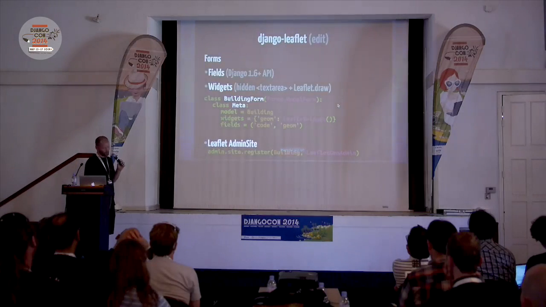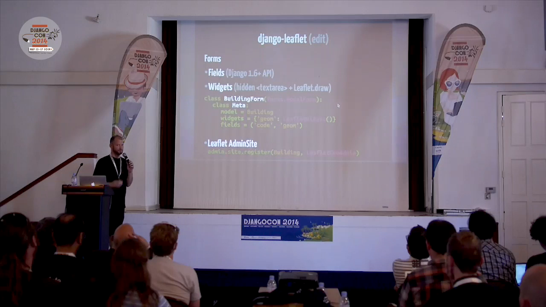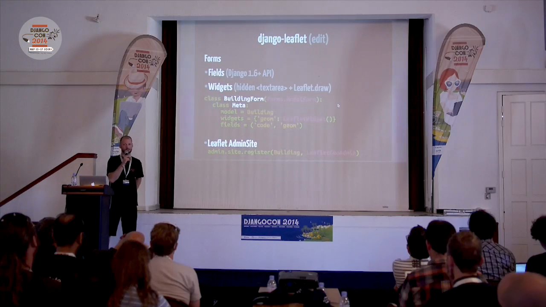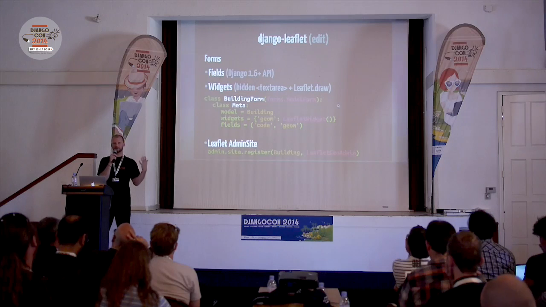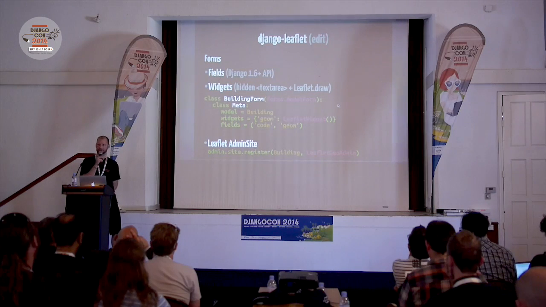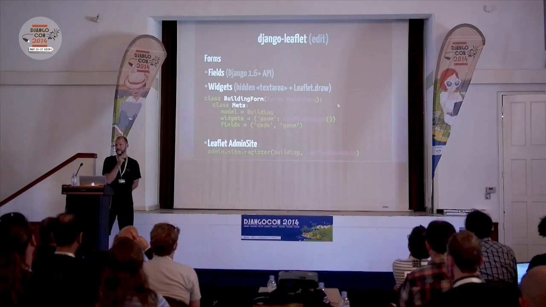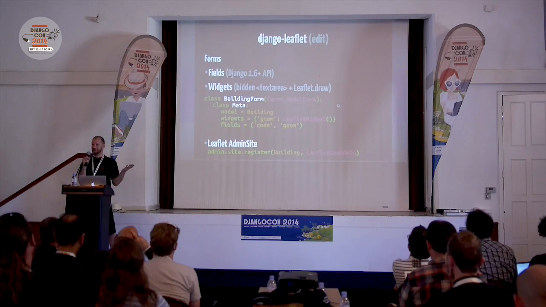But that's not all. I also developed a set of tools to edit the geometries and define some geographic forms using Leaflet, and not OpenLayers 2, which comes by default with Django. And the API is respected. I mean, there is nothing new. It's very simple to use.